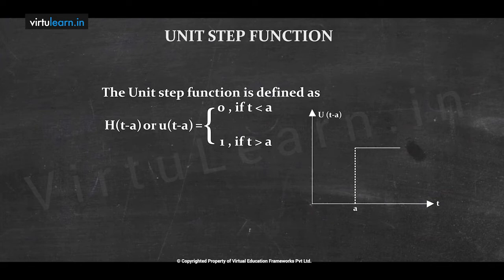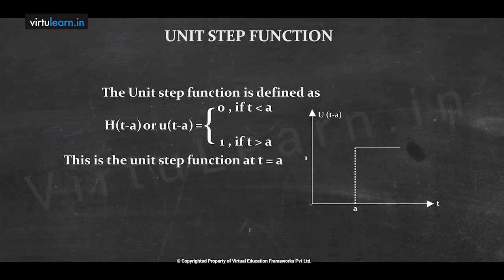Then u of t minus a is 0 up to here, this is the starting point. Next, if t is more than a, then what is that value? Exactly 1, for t more than a, like this. The dark line is available here, observe this one. This is the function. Now if you have this type of function, how to apply the Laplace transform to this function I will explain in the problem.